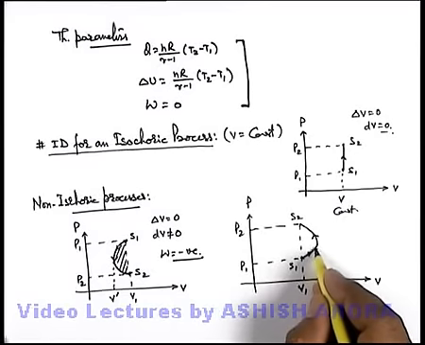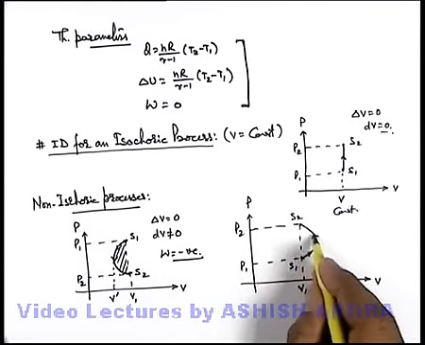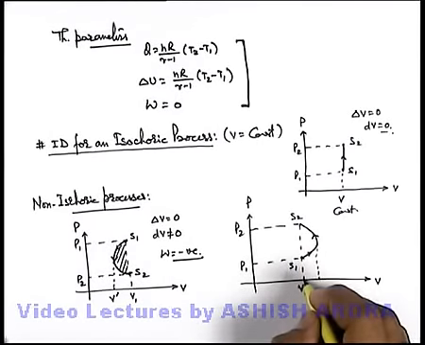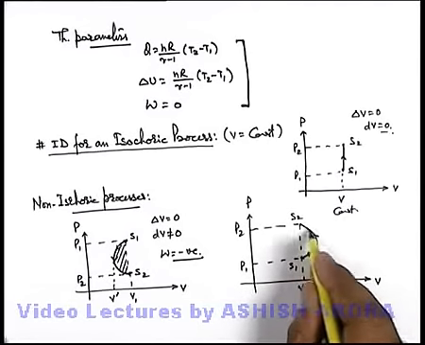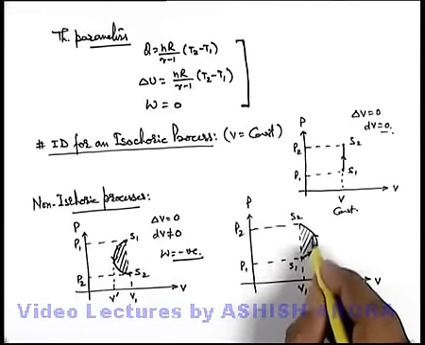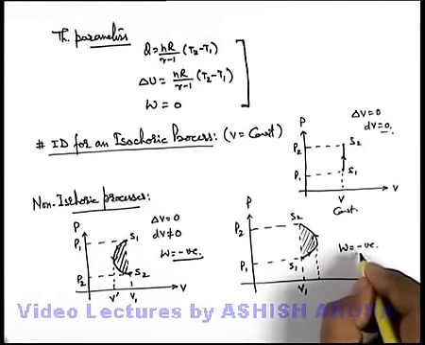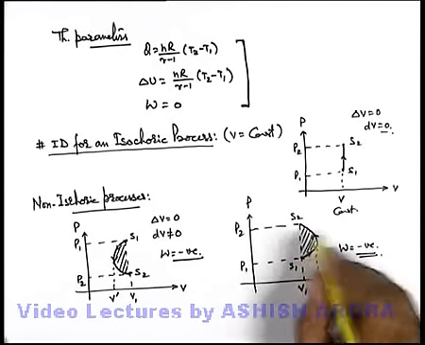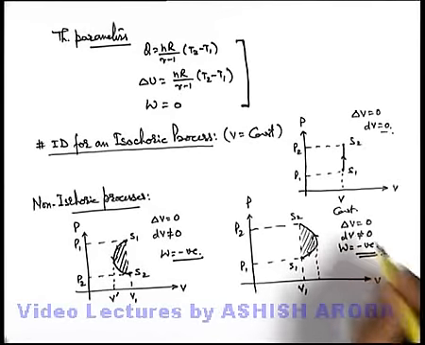The expansion volume here is more, and when it is compressed again the volume is decreased to the value V1. So the work done in expansion, that is work done by gas, is less and work done on gas is more. So again work done will be negative here. And in this situation delta V is 0, however dV is non-zero.